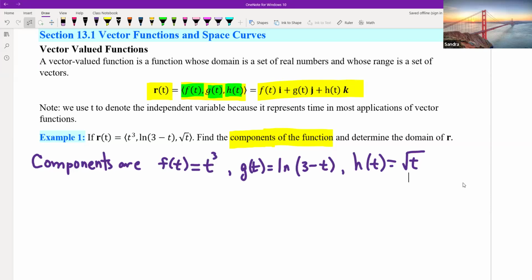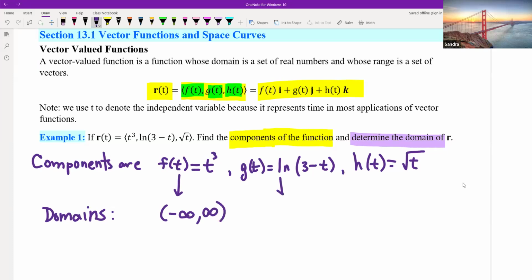Now the next part says to decide the domain of the vector function. In order for us to decide the domain, I have to consider each component individually. What's the domain for a polynomial? I hope you guys are thinking all real numbers for this polynomial here.